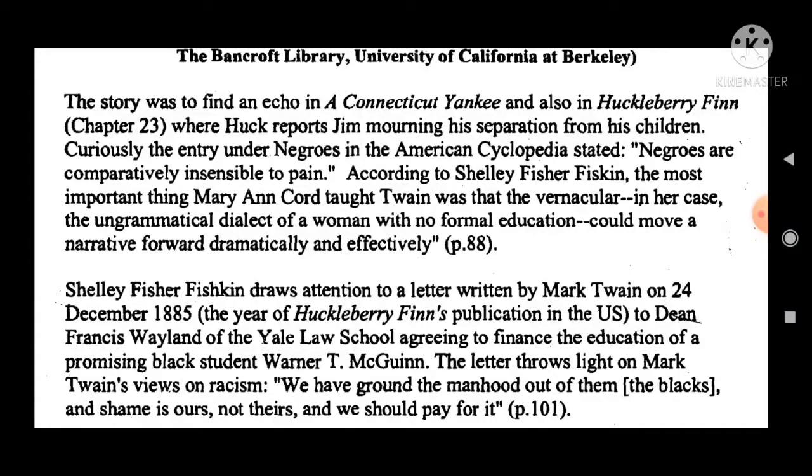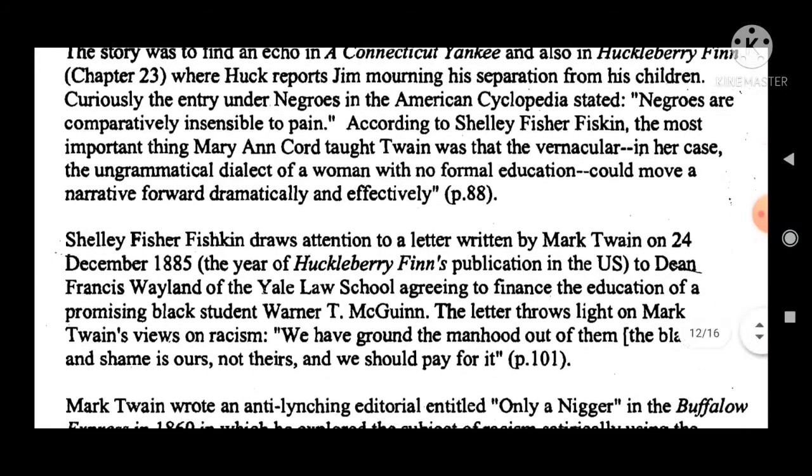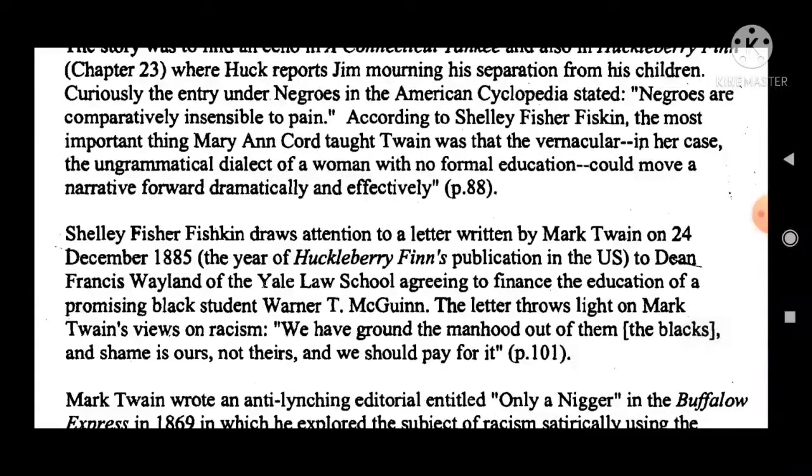Curiously, the entry under Negroes in the American Cyclopedia stated, "Negroes are comparatively insensible to pain."